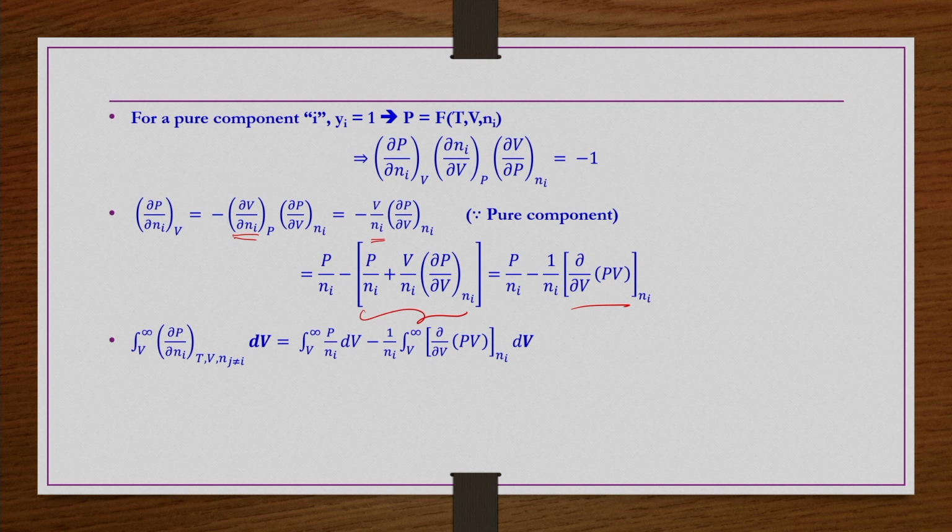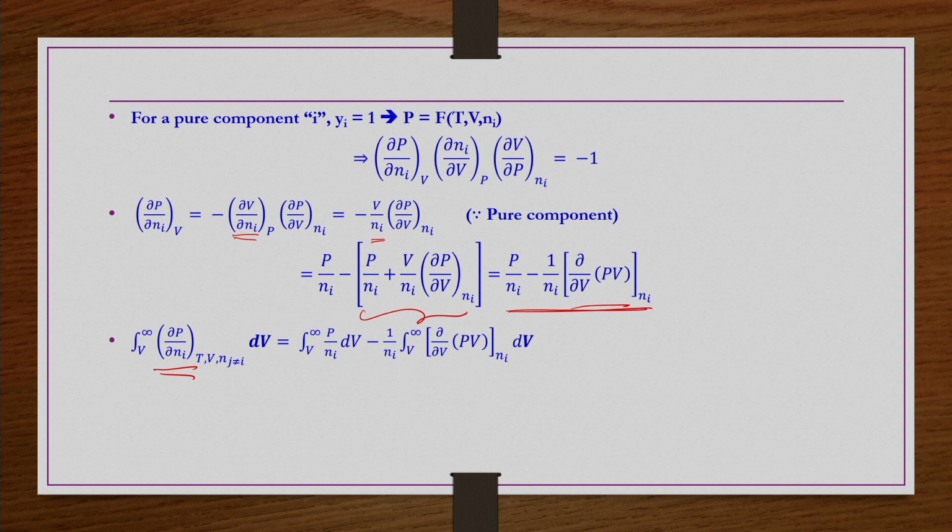Then we need dou P by dou Ni in the fugacity expression; the integral of dou P by dou Ni we need. So, that now we try to do. Dou P by dou Ni, which we have seen for a pure component, is nothing but P by Ni minus 1 by Ni dou by dou V of PV. Okay.